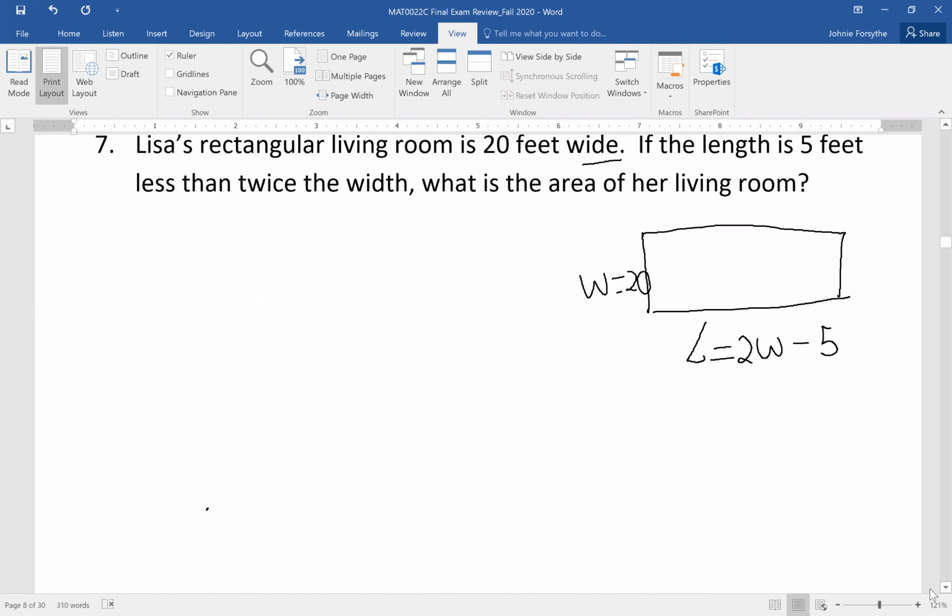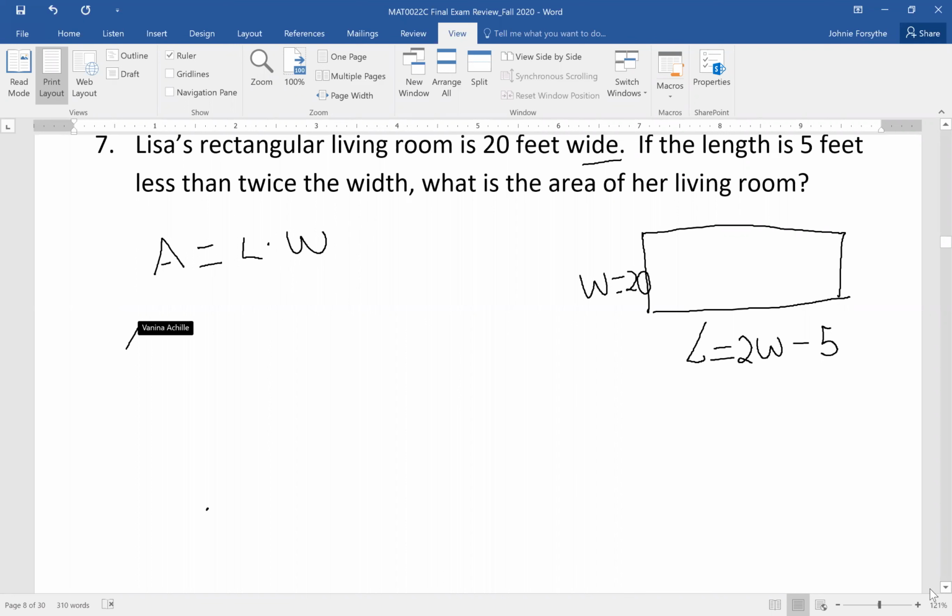And now it's asking me for the area of the living room. So the area formula is A equals L times W. So I have all the information that I need.